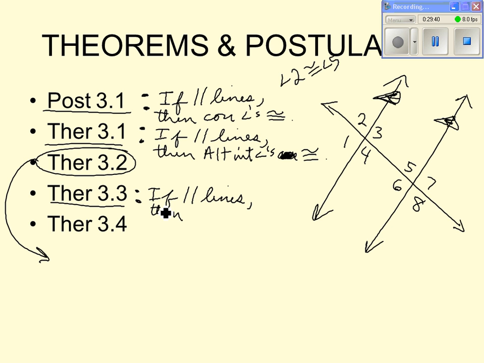What looks to be true about those two? Jason, what looks to be true about 1 and 7? They are. So then alternate exterior angles. So again, a shortened form. If you know you have parallel lines, that's what you're starting with. Remember, the if is your given information. So we're given that we have parallel lines. Alternate exterior angles must be congruent.